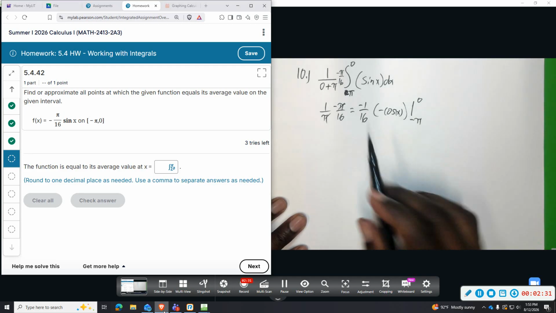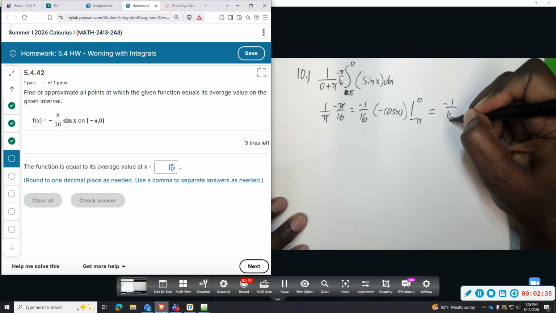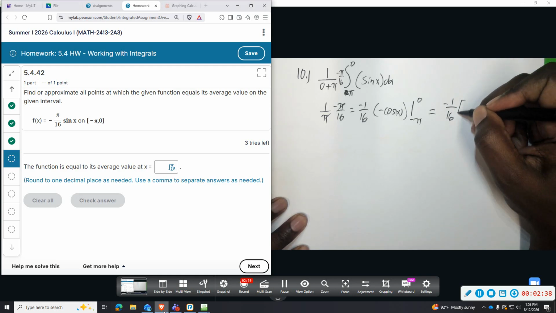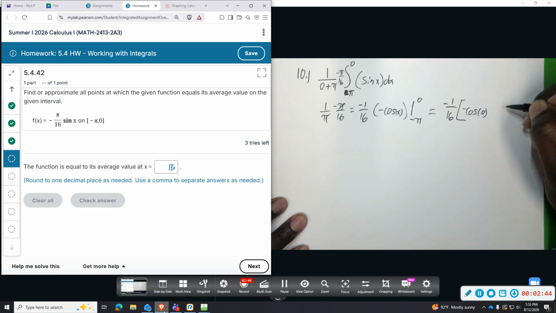0. When we plug this in, negative 1 over 16, negative cosine of 0 minus a negative cosine, which will be plus cosine of negative pi.